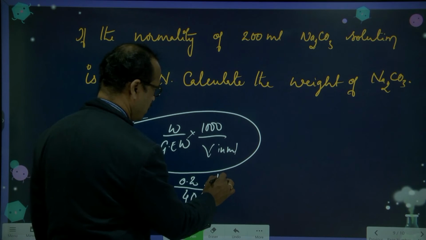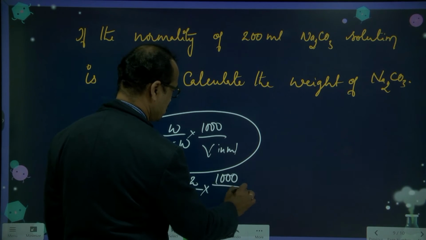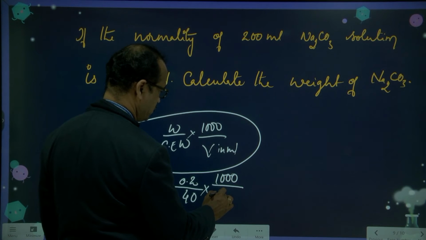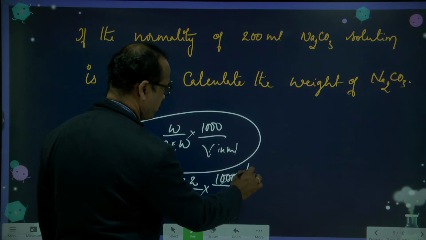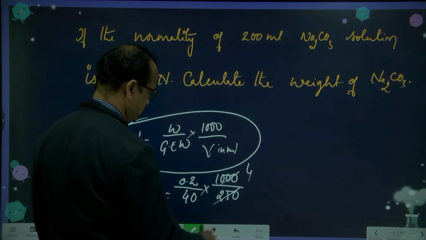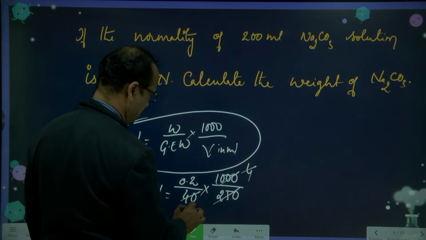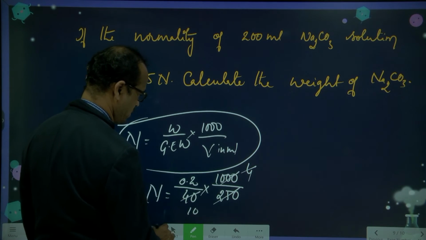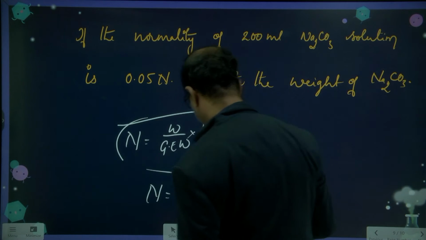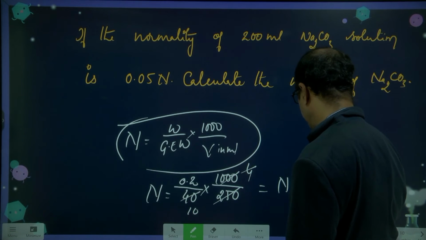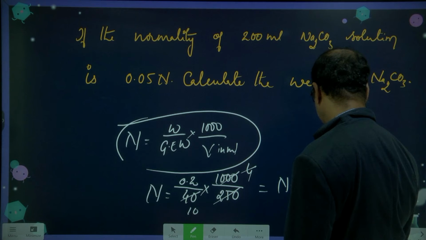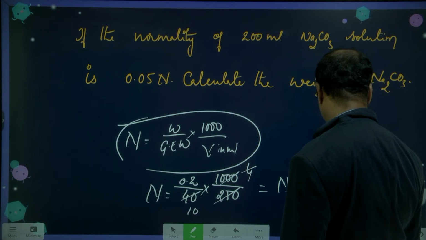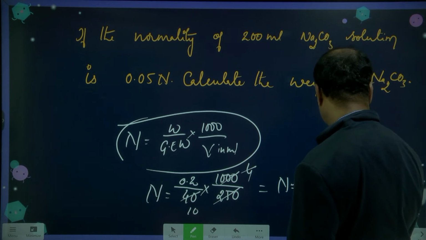And then what is the volume of the solution? 250 ml, sir. So N is equal to 0.2 by 10. So that's equal to 0.02. Very good.